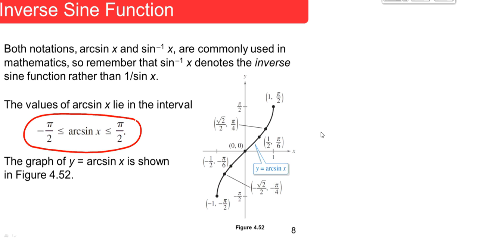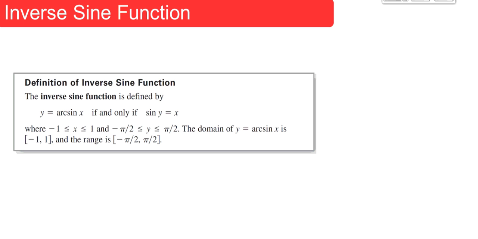And that means we're going from negative pi over 2 to pi over 2. There's a nice little graph. We'll be graphing that on grid paper to give ourselves a nice picture as we go. This is the inverse sine or the arc sine. So here's our definition of the inverse sine function.